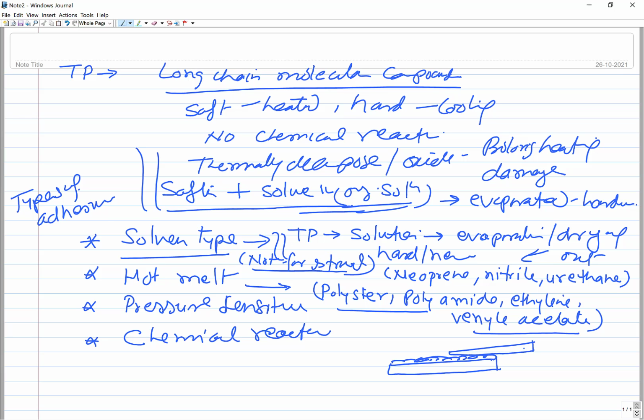So hot melt types are also thermoplastic adhesives. These are applied in the molten state at the interface of the components to be joined, and subsequently on cooling you get the desired joint. Okay.